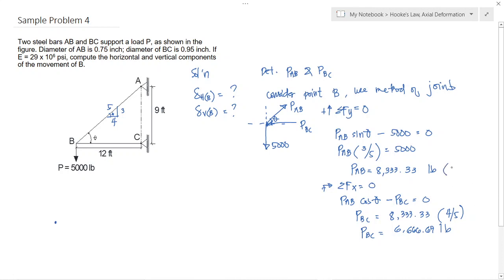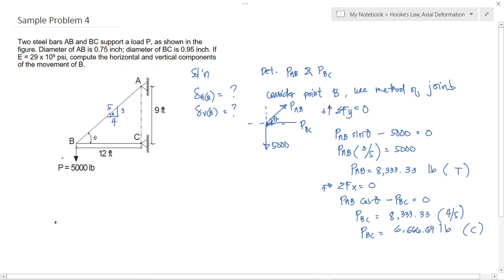Since the results of our assumption based on our free body diagram are positive, we have positive 8,333.33 and 6,666.67. Therefore, our assumptions are correct. PAB is in tension, and PBC is in compression.